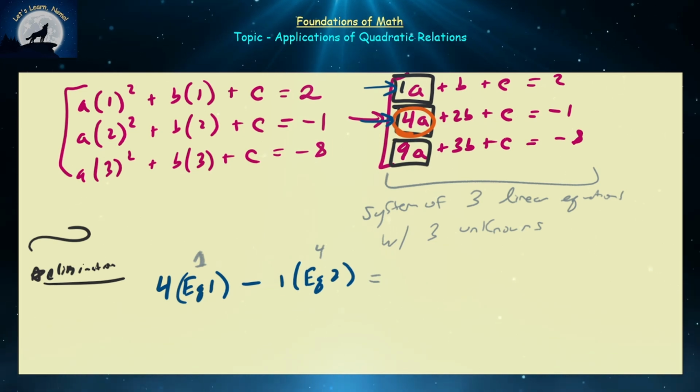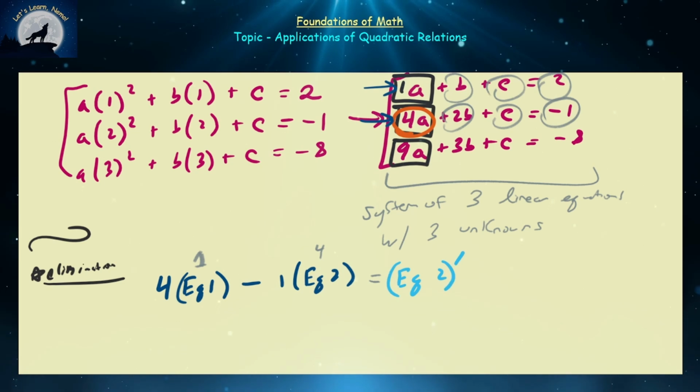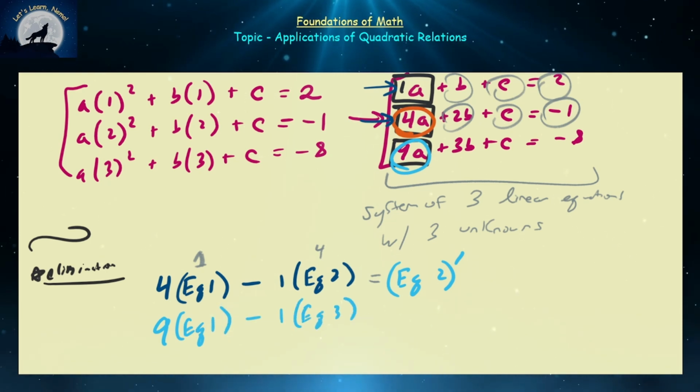I'm going to do it for all of the coefficients inside equation 1 and equation 2, and I'm going to define this to be a new equation 2. Similarly, I'm going to do the same for equation 3: I'm going to multiply equation 1 by 9, subtract 1 times equation 3, and define that to be my new equation 3.